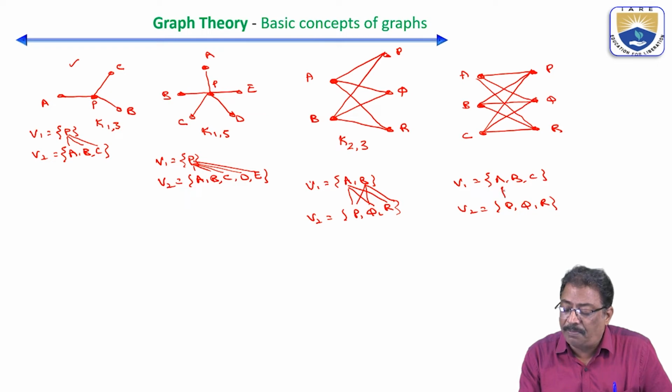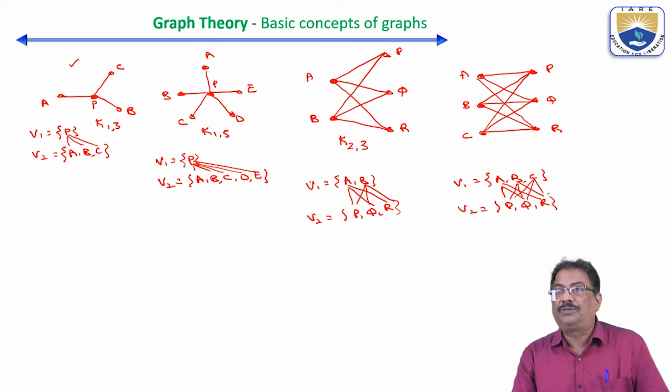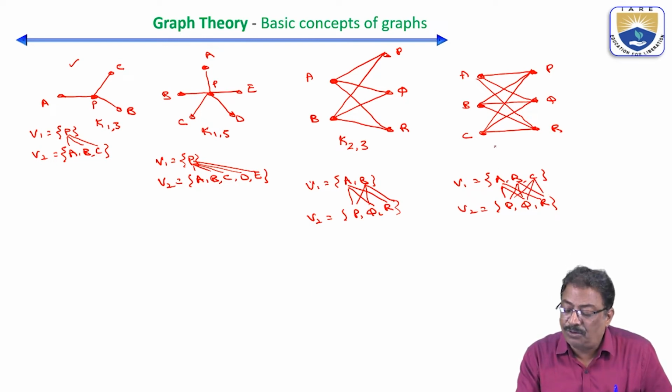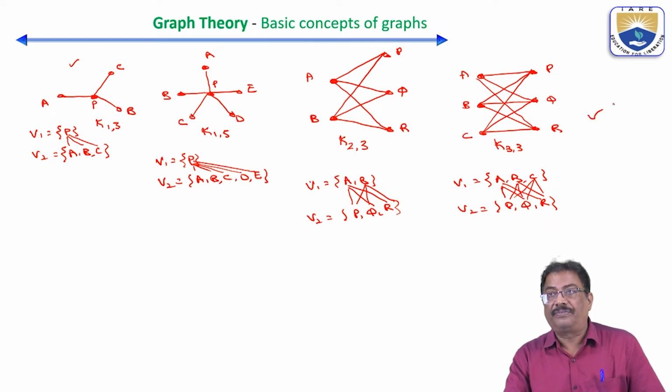How is it a complete bipartite graph? A to P, A to Q, A to R. Similarly, B to P, B to Q, B to R. And C to P, C to Q, and C to R are edges. So we can say that this is a complete bipartite graph, denoted as K3,3, which is known as Kuratowski's second graph.